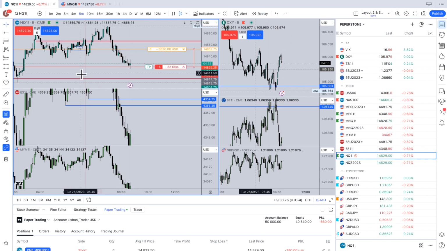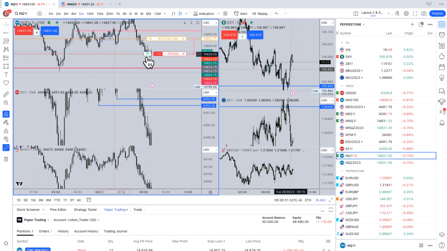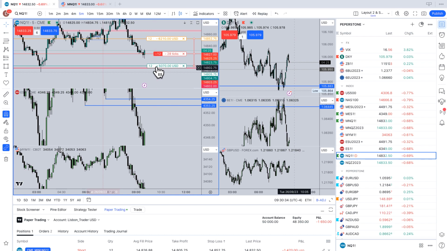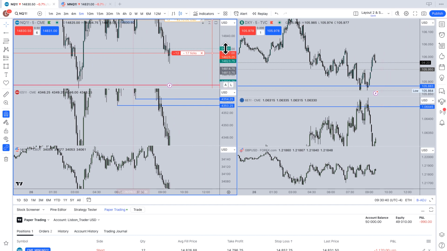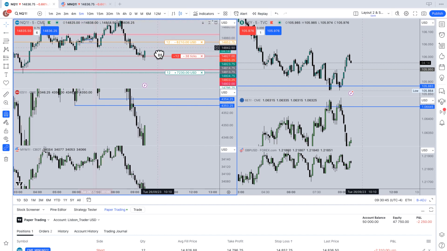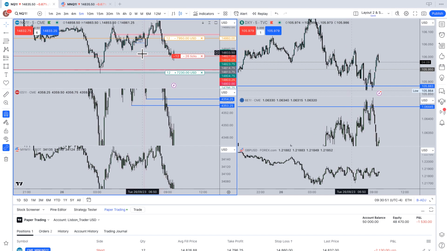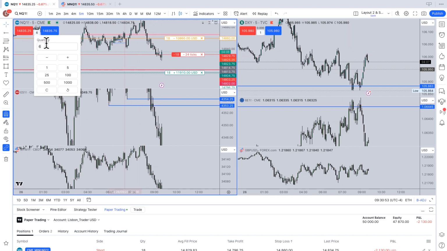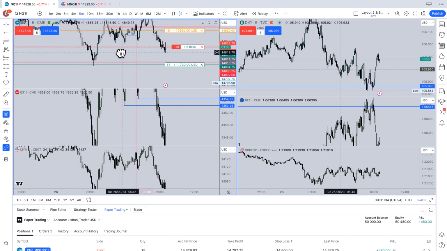Let's put some 10k here. Target is lows. So 50k, so we can do 5 shots. We have 11,000 here.